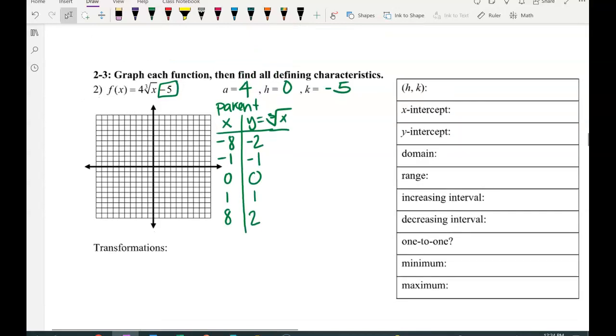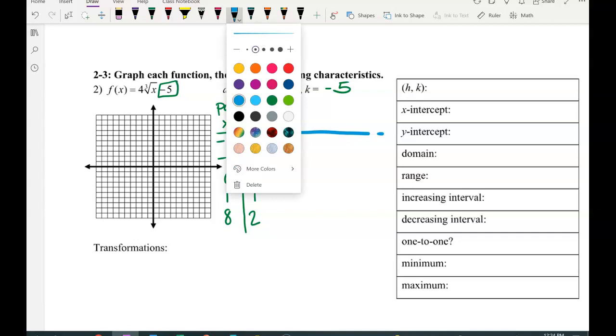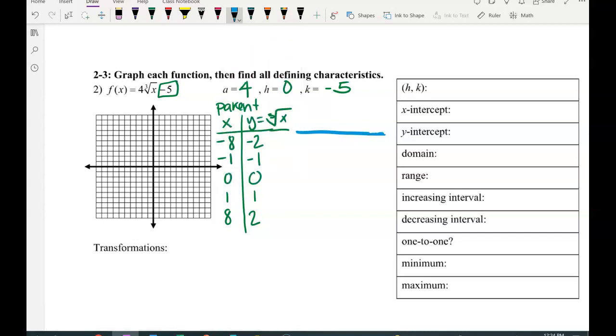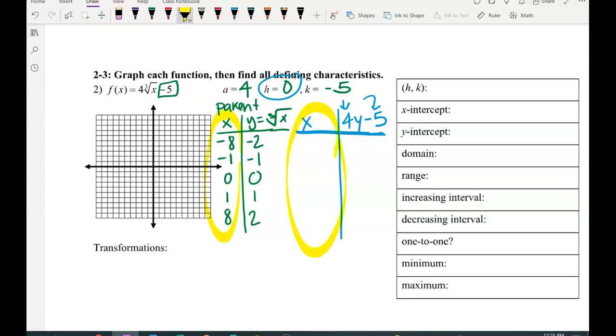So we are now going to use it to make our transformed function. I'm going to make my pen a little bit skinnier. We have an H of 0, so X plus 0 or X minus 0 is still X. Then 4 times Y minus 5, because your A value is multiplied to Y, and then we add or subtract K. So all of these X values should be exactly the same: -8, -1, 0, 1, and 8.